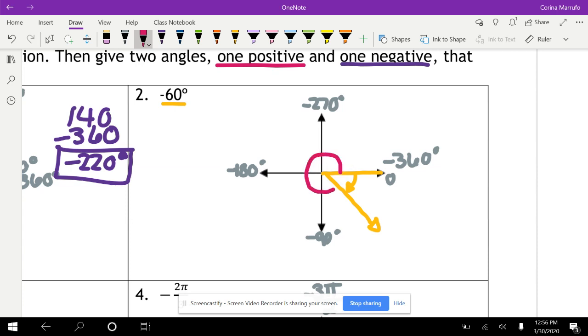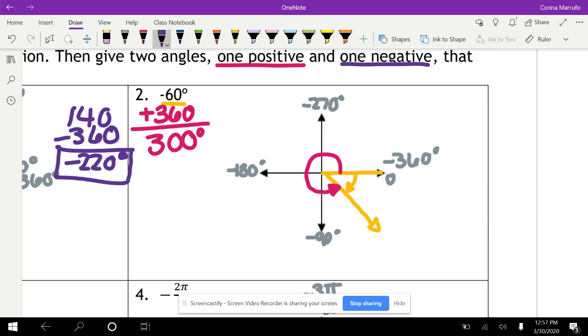So to find what this angle is, we're going to take the negative 60 and we are going to add 360. And that gives us 300 degrees. All right. Now for the other one, on this side, we are going to get a negative one.